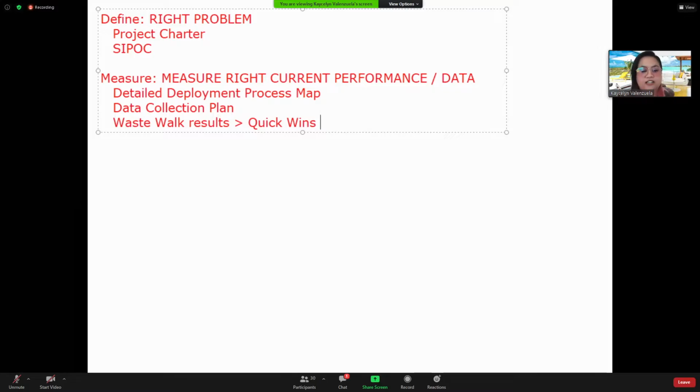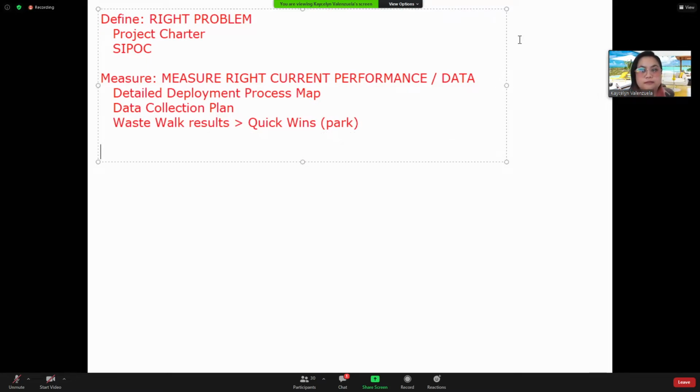Park it and dalhin natin sa analyze phase to see or sa improve phase to see what else can we do or will my other improvements and analysis address this already. Yan. So those are the things that we need to identify.